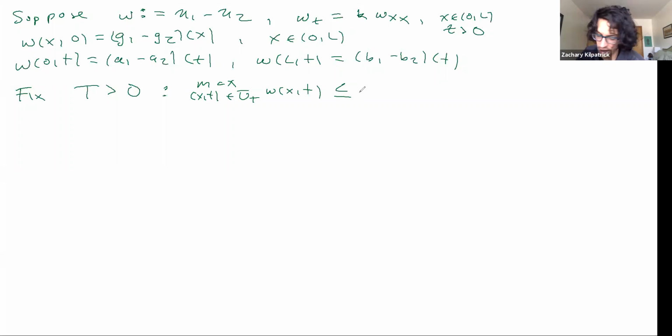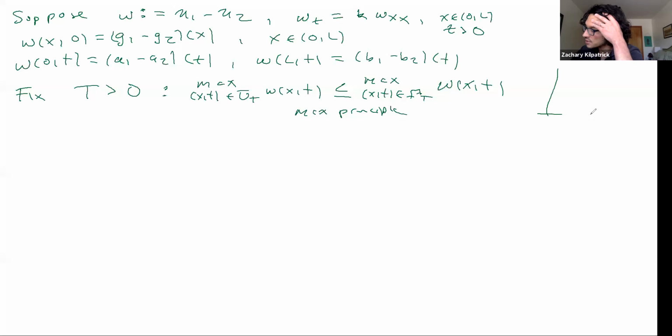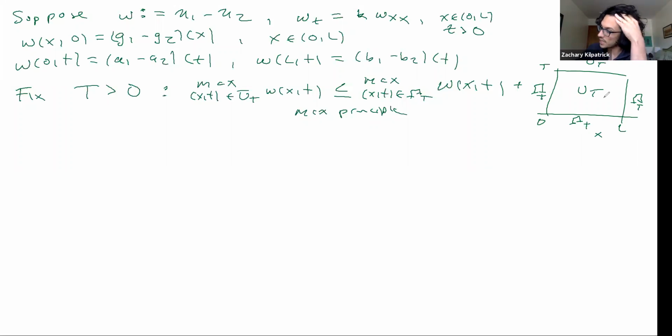Well, we know by the max principle that we've already proven that this should be less than or equal to the max over the boundary Γ_T of w(x,t). And just as a reminder again, here's our Γ_T, and L, 0, and then here's our t up here, this is x. Okay, just draw all that again.